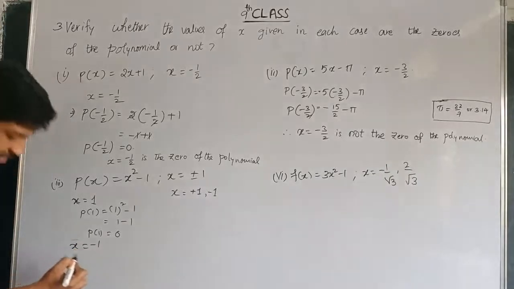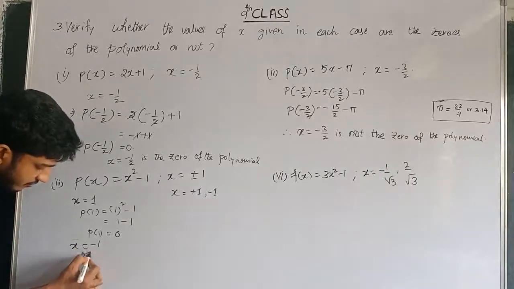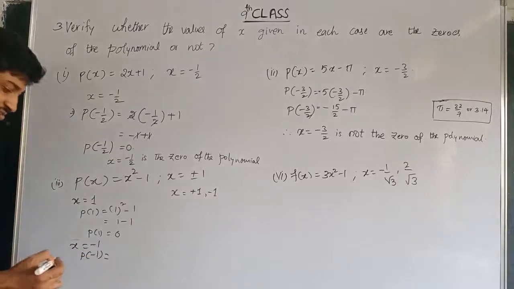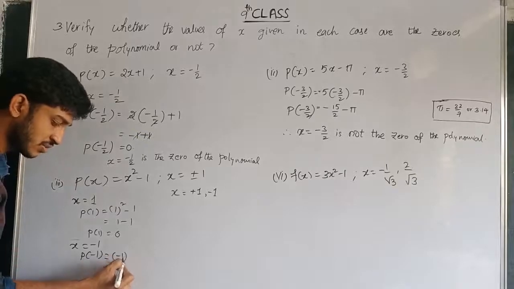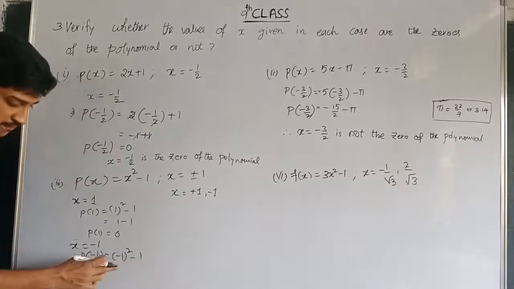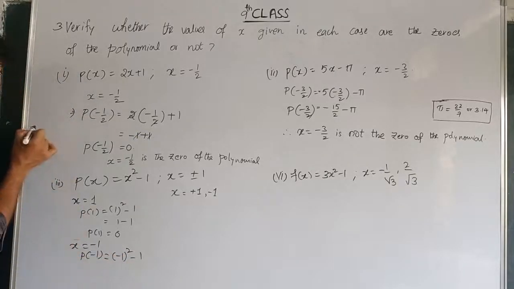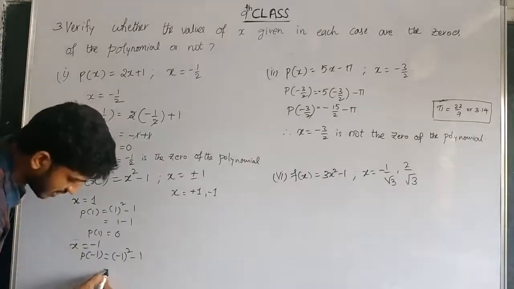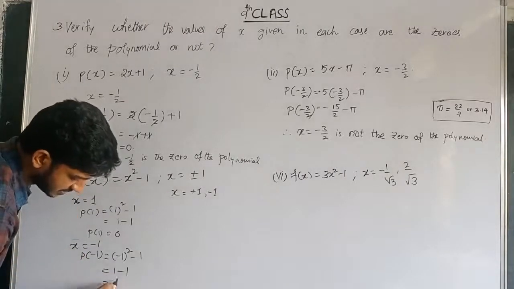Check for x equal to minus 1, then p of minus 1 equal to minus 1 whole square minus 1. Minus 1 whole square means minus 1 into minus 1, minus into minus is plus, 1 into 1 is 1. So we have plus 1. That's why 1 minus 1, which means 0.